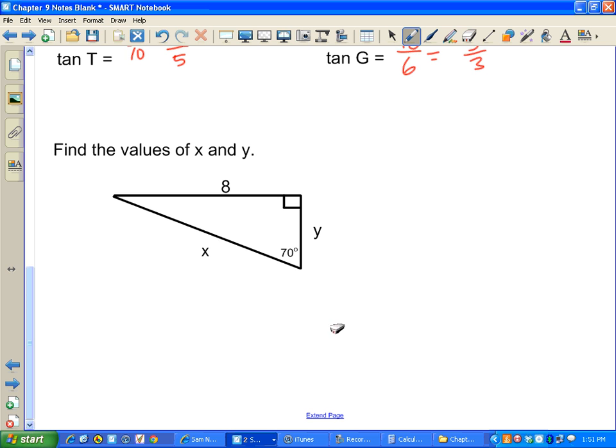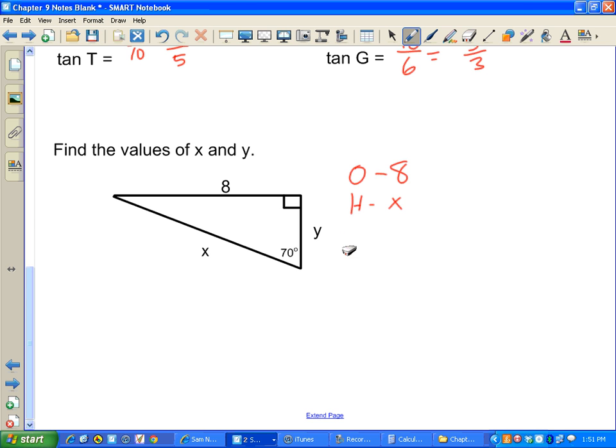If we want to find the values of x and y, well, I've got this angle here, 70 degrees. And if I want to find x first, x is the hypotenuse, okay? And I know what the opposite side to the 70-degree angle is. So I know O, opposite, is 8. I know H, hypotenuse, is x.